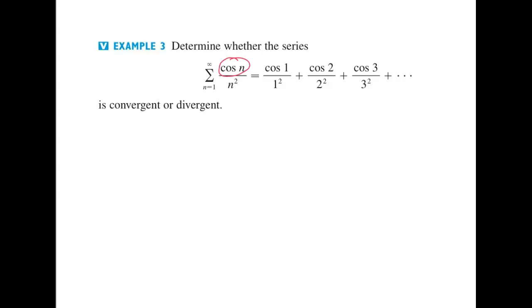All right, but if I look at the absolute value, that's going to guarantee that my cosine is always going to be less than what? 1, but greater than 0. Meaning this has to be strictly less than sigma 1 over n squared, doesn't it?